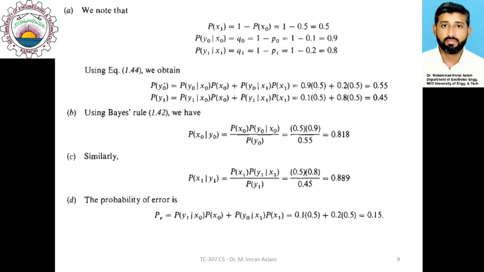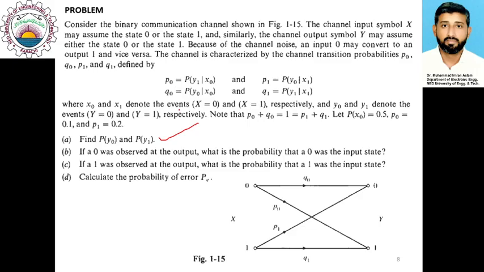You can see that in the first part, the probability of y0, actually y0 occurs in two cases. There are two possible ways where y0 can occur. The first case is when you transmitted 0 and you receive 0 without error.